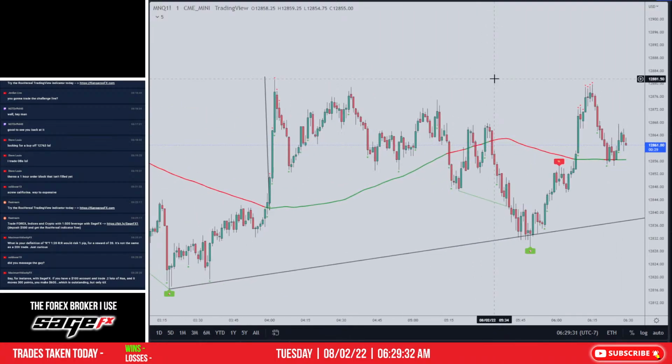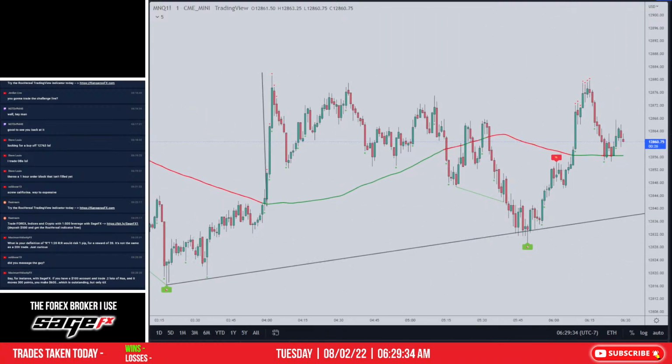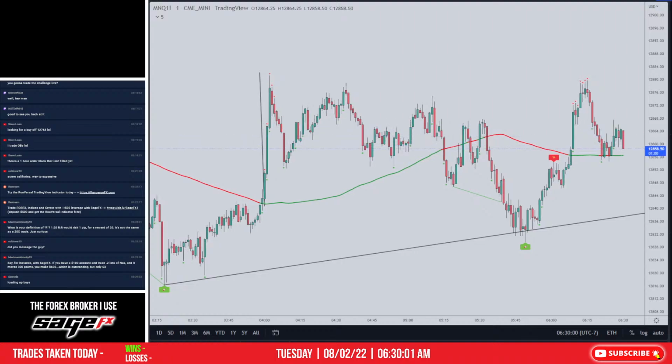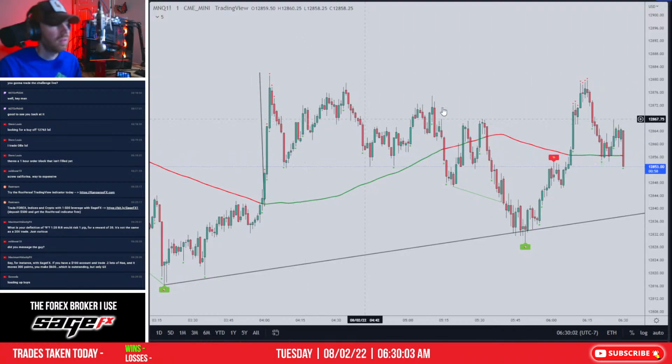Plus you do need high margin to get in these accurate high lot sizes. What is wrong with my camera? Hold up. I've been having a lot of issues with this battery. Okay, there we go. We're back on.